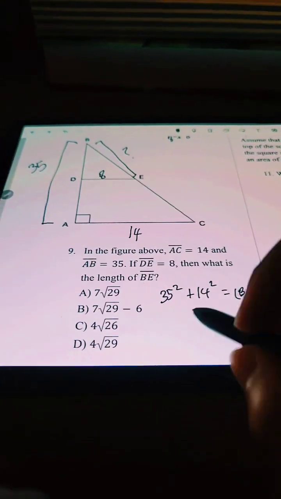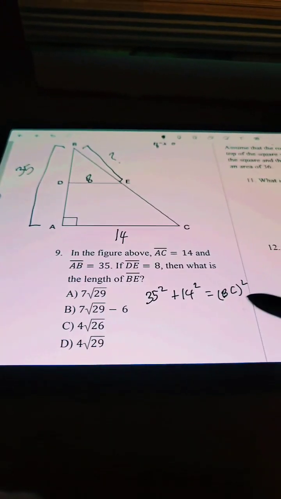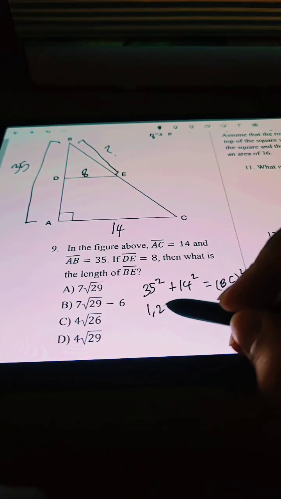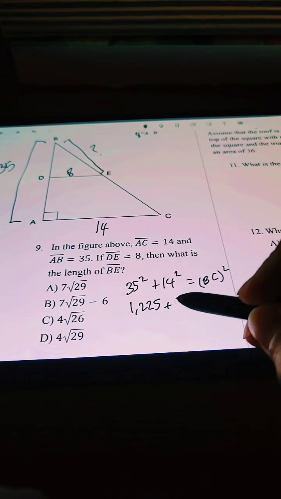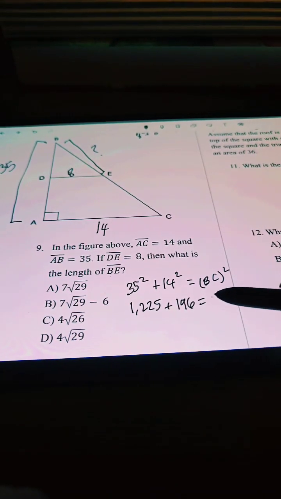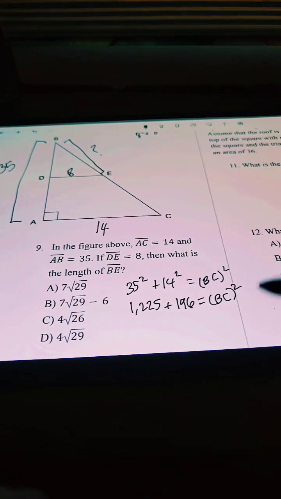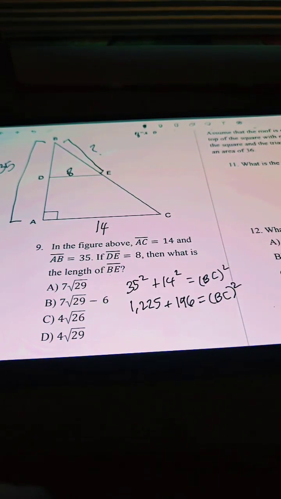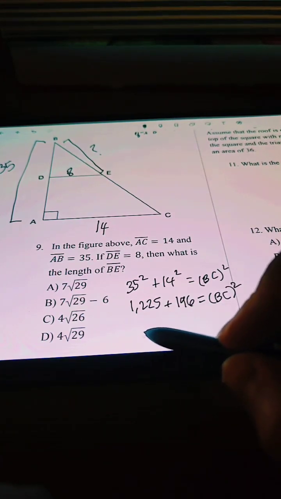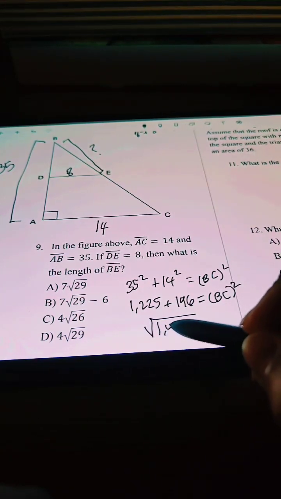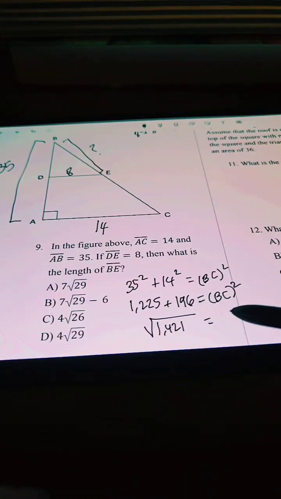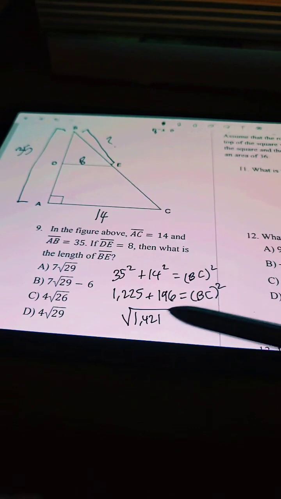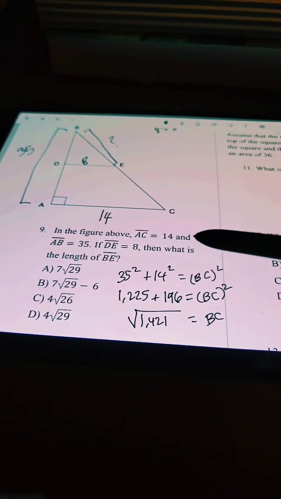So, we're going to find out what BC is using the Pythagorean theorem here. So 35 times 35, that's going to be 1,225, plus 14 times 14 is 196. So that's equal to BC squared. So then all I have to do is add this up and take the square root of that. So then that's going to be 1,421. The square root of that is equal to BC. And then I can just simplify this to find out what BC is.